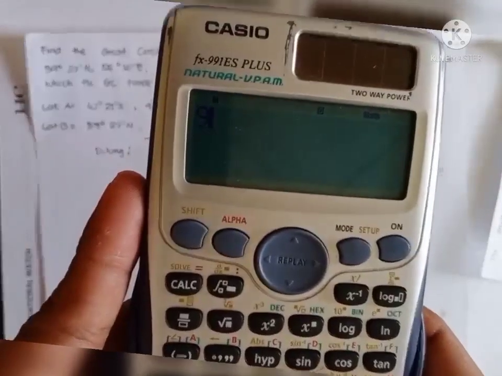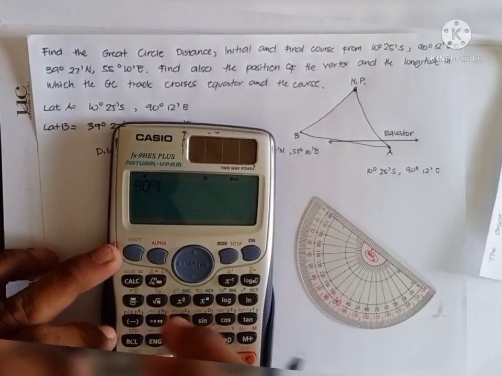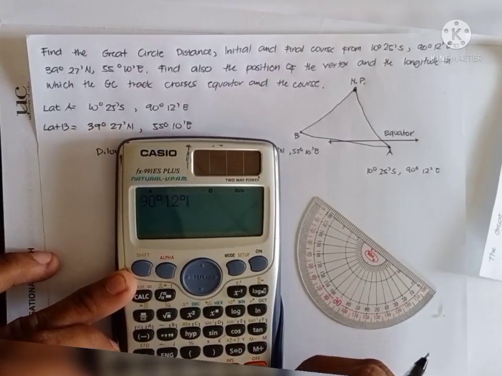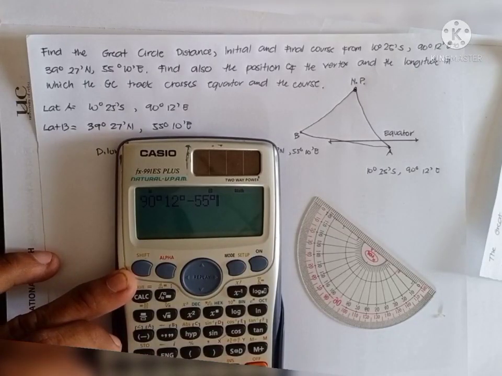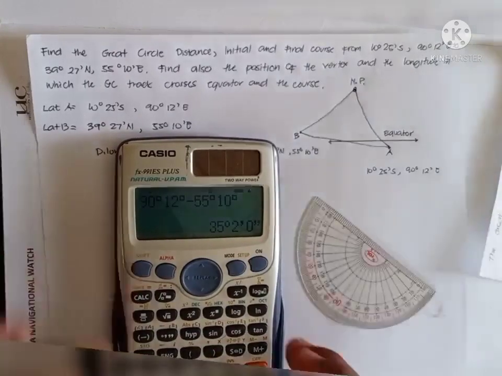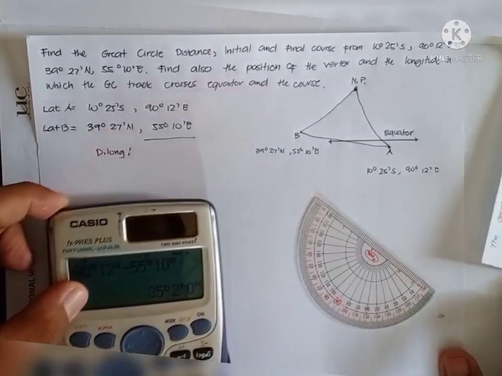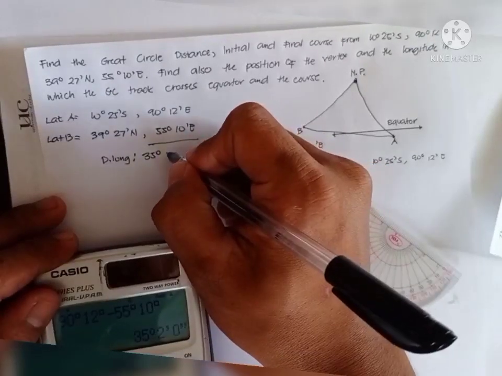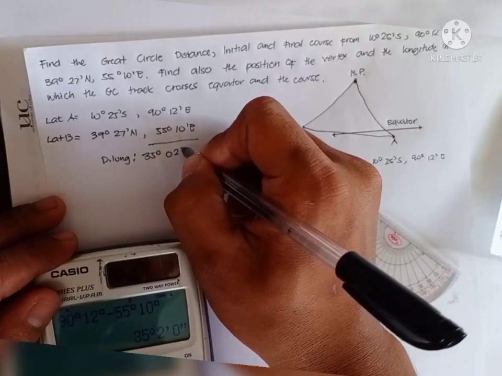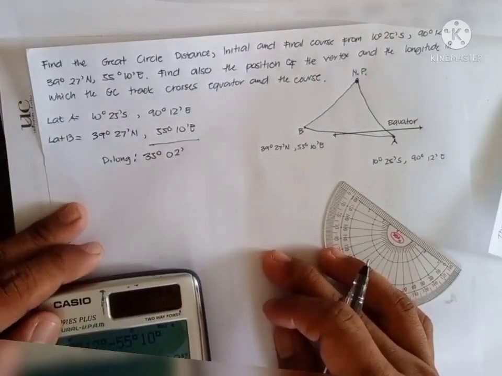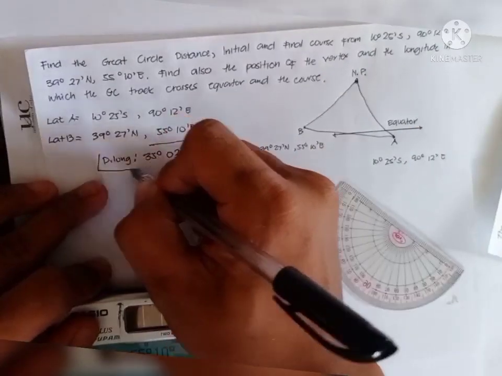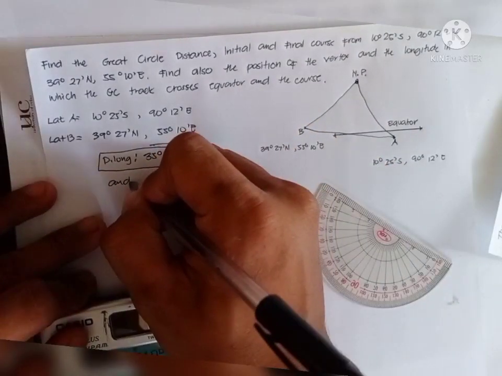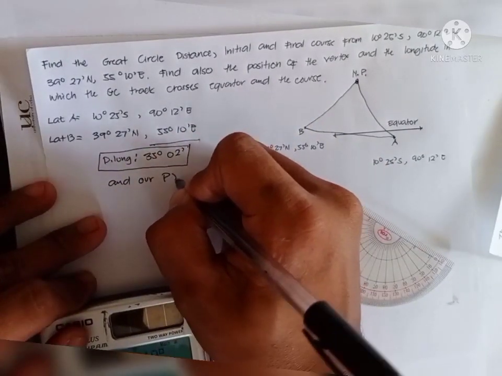So 90 degrees 12 minutes subtracted by 55 degrees 10 minutes. So we'll come up to the answer of 35 degrees 2 minutes. So this is now our D long and RP also.